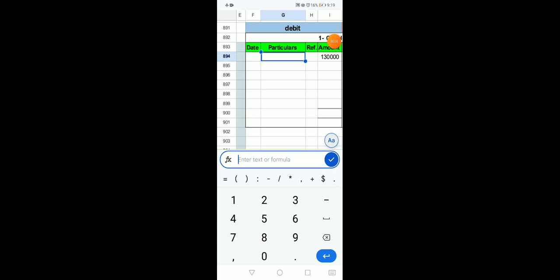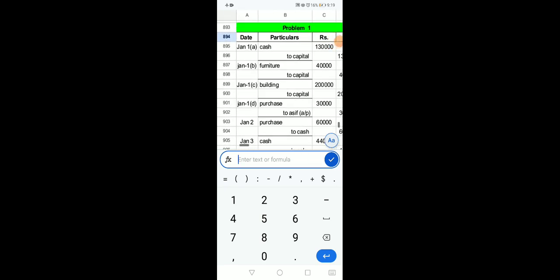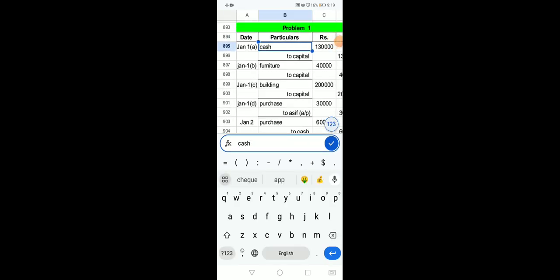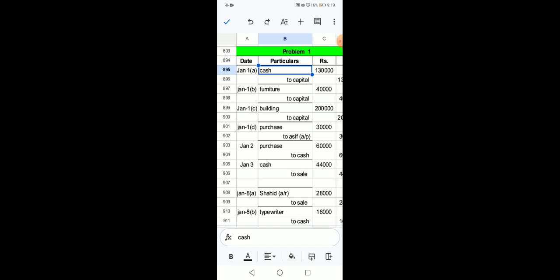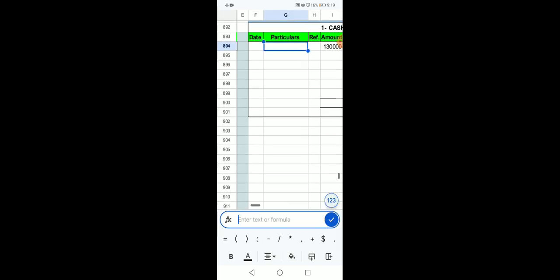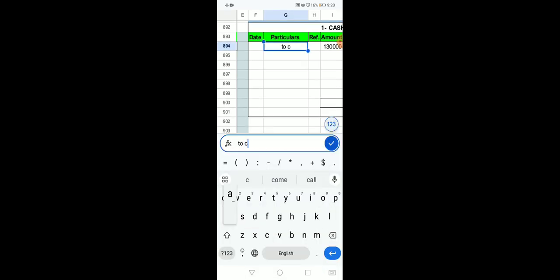Now the second step is to write down the reference. For reference, what will you do? You have posted cash which was on the debit side. To see the reference, whatever is written on the opposite side, that would be your reference. Since you have posted cash, what is written on the opposite side? That is Capital. So you will write Capital in the particulars column as your reference. Now it's time to see the date.